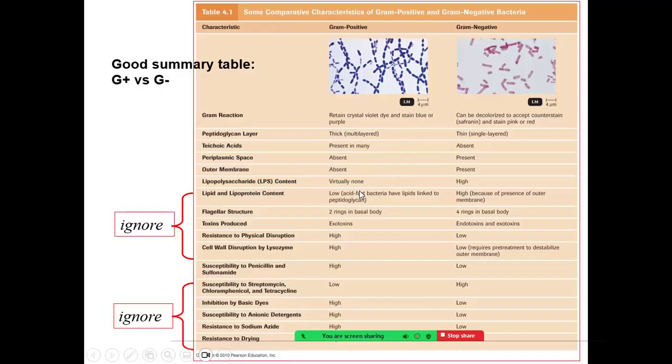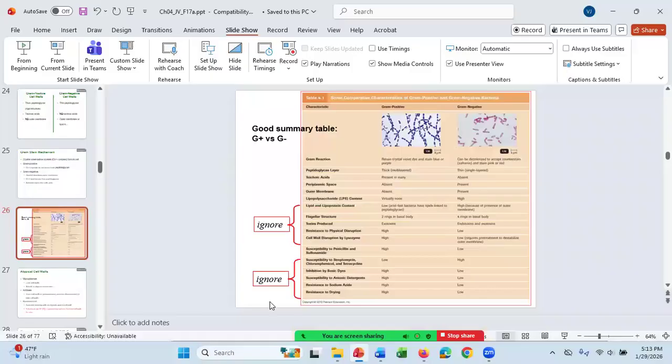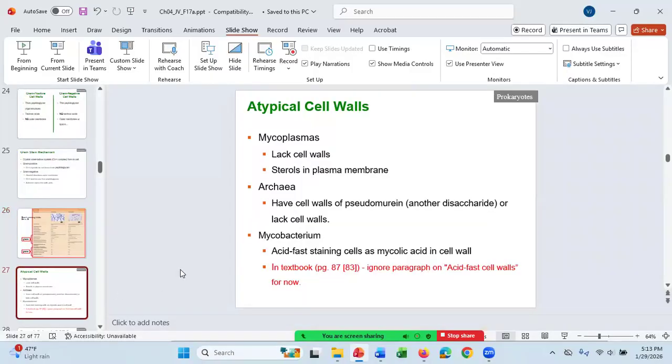The lipopolysaccharide, virtually none in a gram-positive cell, and is present in high amounts in the gram-negative cell. It's the endotoxin and the attaching polysaccharide attached to the endotoxin. You don't need to know any of the lower things. Any question about the difference between gram-positive and gram-negative cells? All right, not hearing anything.